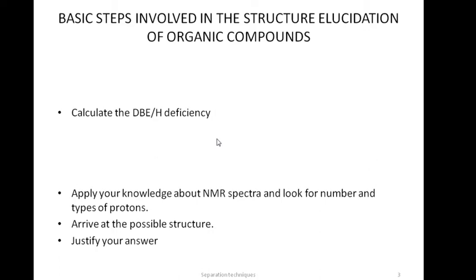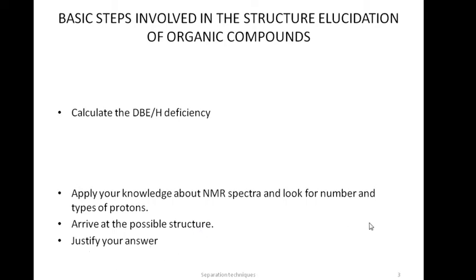You are going to get the same answer, so use whichever you are comfortable with. I suggest you go for double bond equivalence, find the double bond equivalence of that particular molecule, and then arrive at the possible structure and justify your answer.